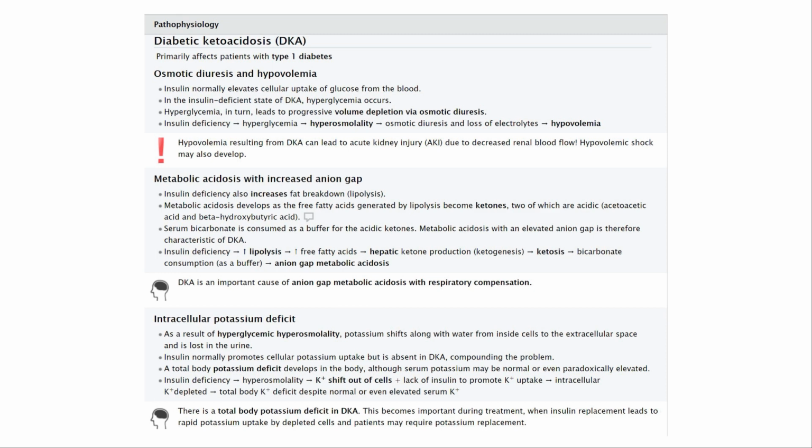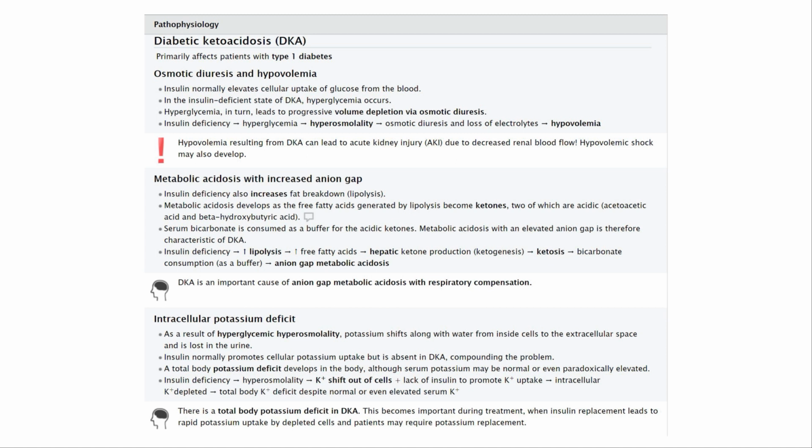What you need to know is that in the absence of insulin, you are unable to pump potassium into your cells the way you normally do. So potassium will go high in the blood. But then, because of your high glucose, polyuria and vomiting, you will pee out lots and lots of potassium because of the flow of your urine.